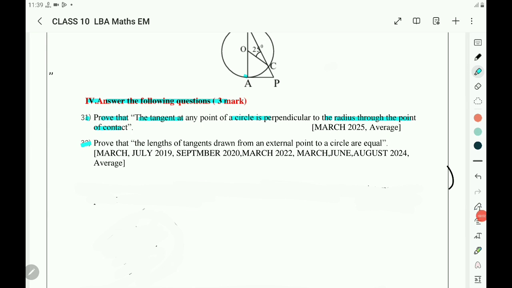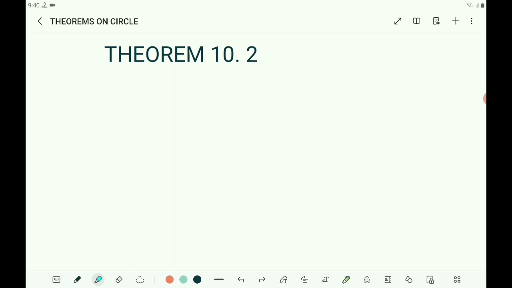Question number 32. Prove that the lengths of the tangents drawn from an external point to a circle are equal. Let us read the statement.